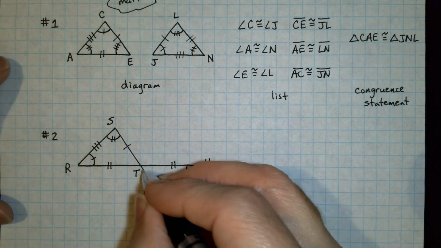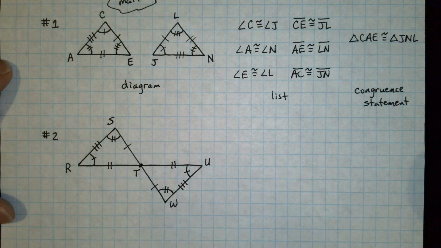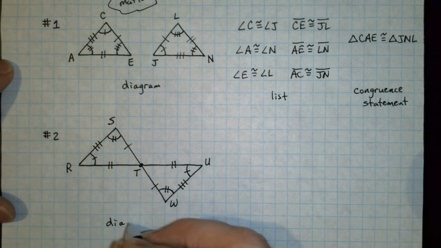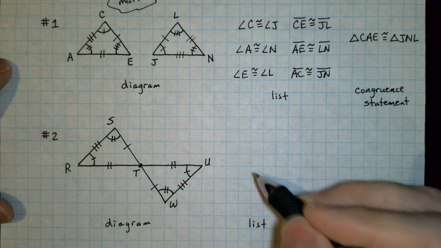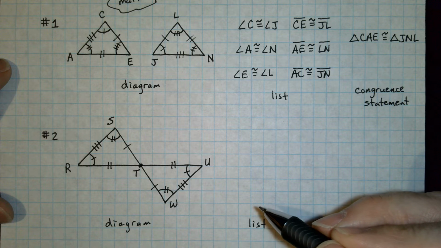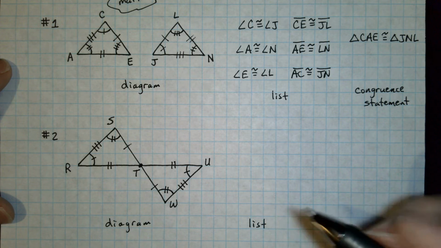They meet at this point right here. And so the diagram is given but our list is going to be affected. We have 3 angles and we have 3 sides that we have to pair up. Let's do the sides first on this one.